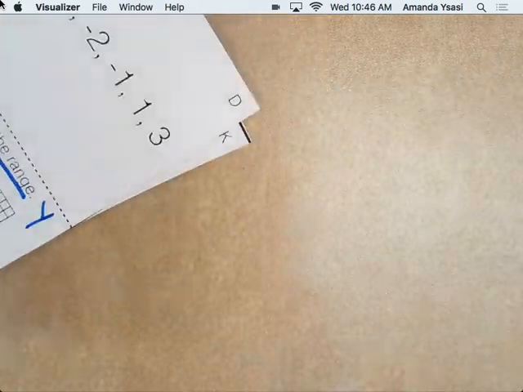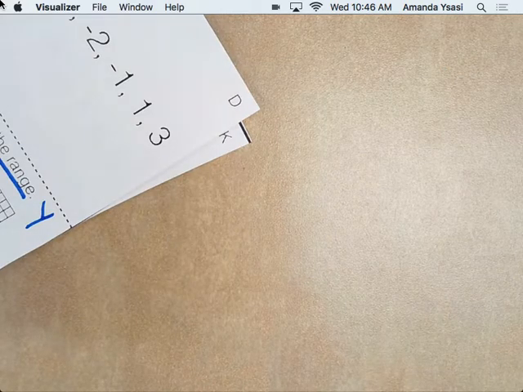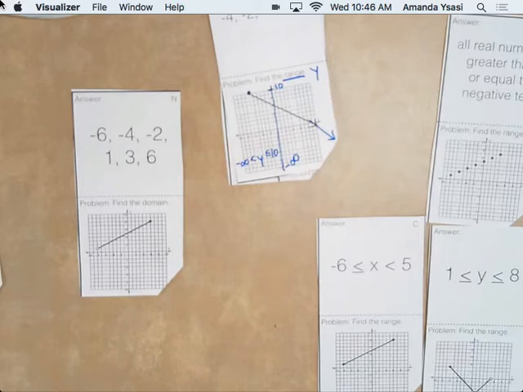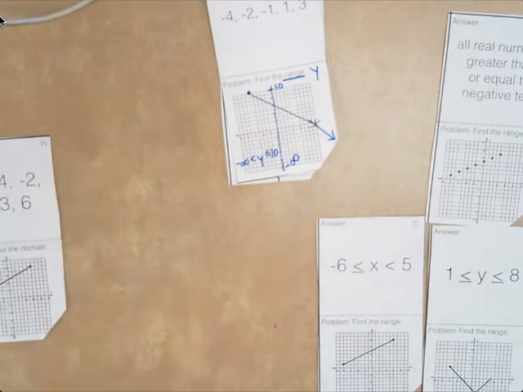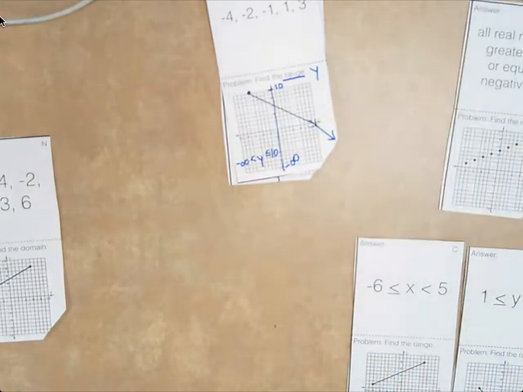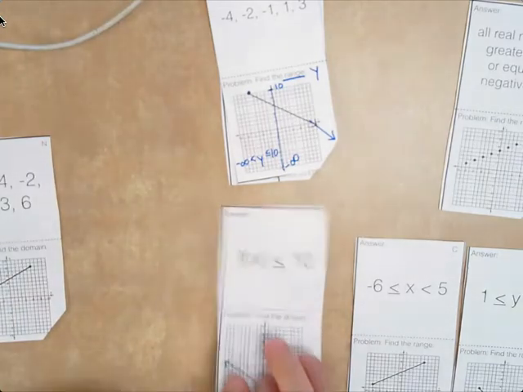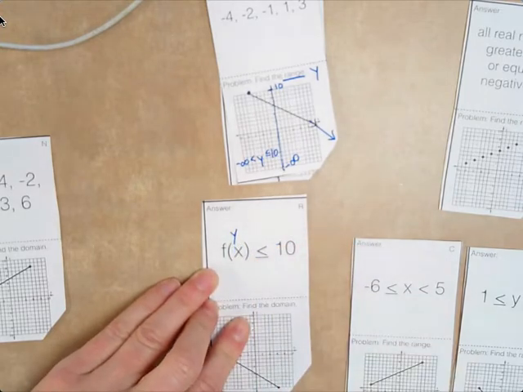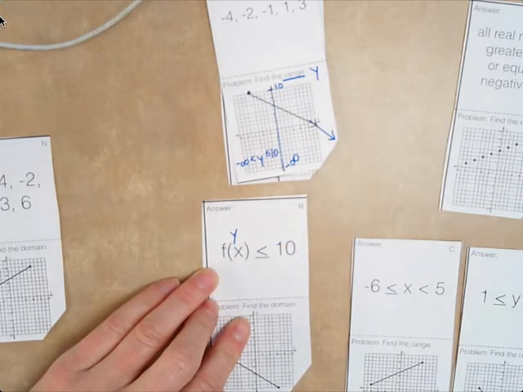So let's look at our answer choices. Do you see one that has 10 on it? What letter? R, yeah. F of x is the same thing as saying y, and that's what we're going to actually learn tomorrow about f of x.